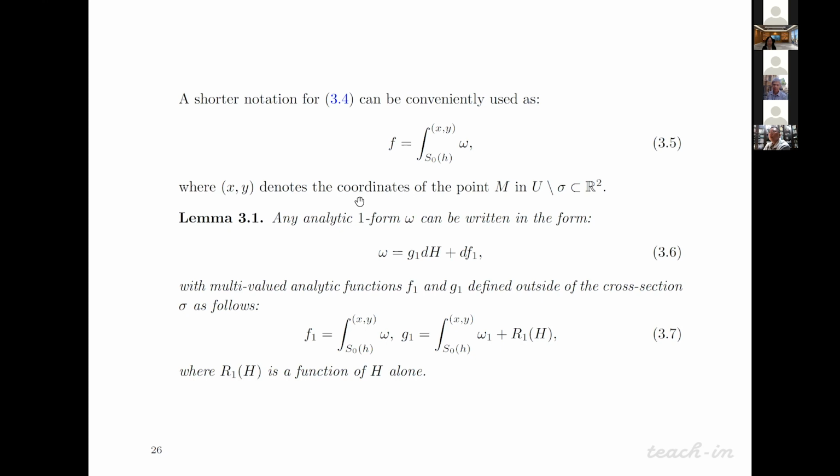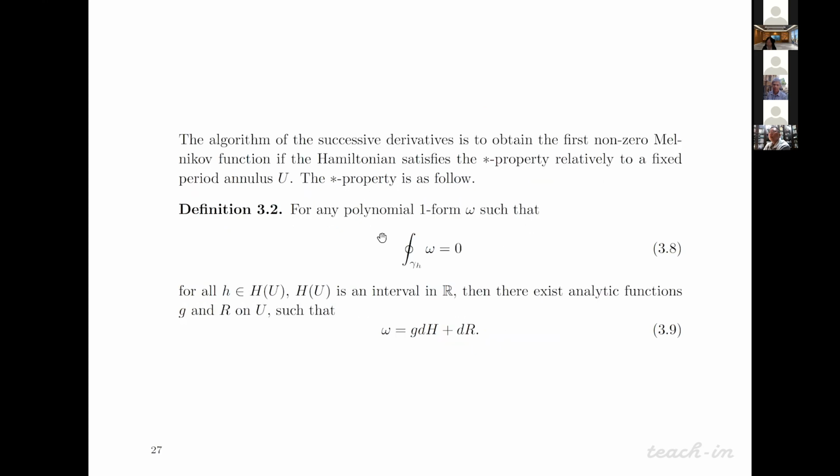For this, if we use the algebra of successive derivatives, we should say the Hamiltonian satisfies the star property with this period annulus. So what does the star property mean?